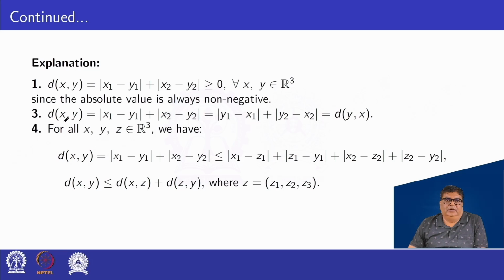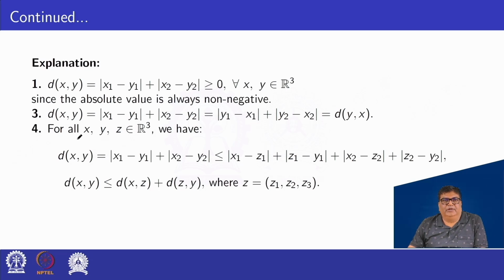Third condition: dxy, modulus of x1 minus y1 plus modulus of x2 minus y2, can be written as modulus of y1 minus x1 plus modulus of y2 minus x2. So this expression can be written as dyx. That is, the third condition is satisfied.